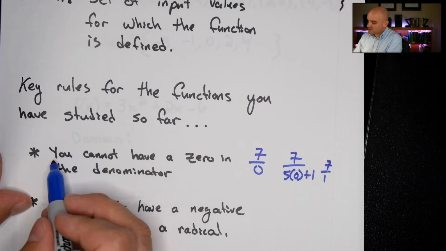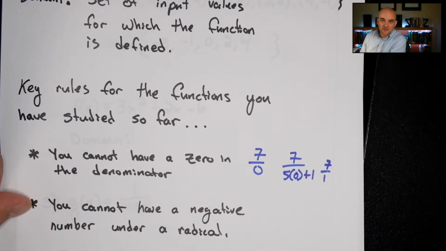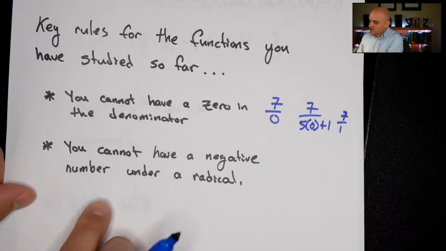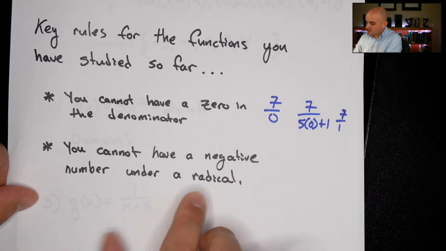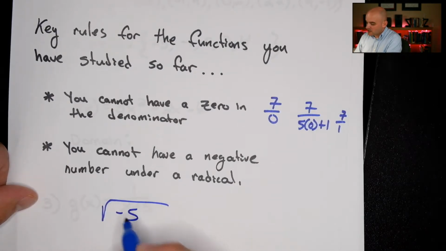So that's mainly dealing with rational functions, or those fractions. If you got a fraction of function, you should throw up a red flag and say, I better not have the denominator come out to be 0. That's when I've got a domain error. The other one says you cannot have a negative under a radical. Remember, our radicals look like this, and we're talking about square roots here. So you can't have the square root of -5.